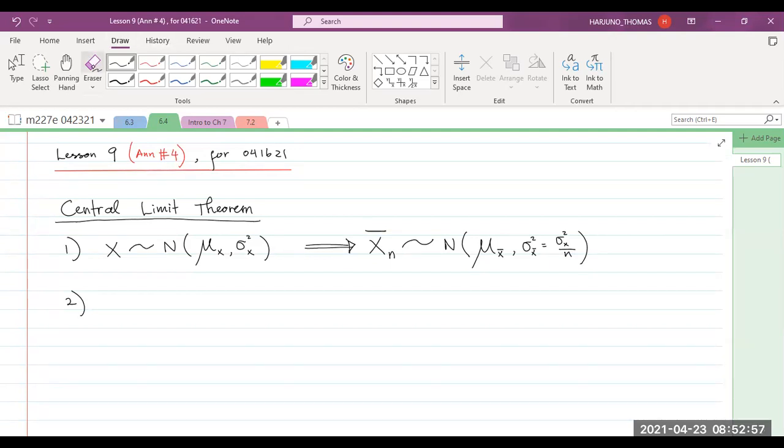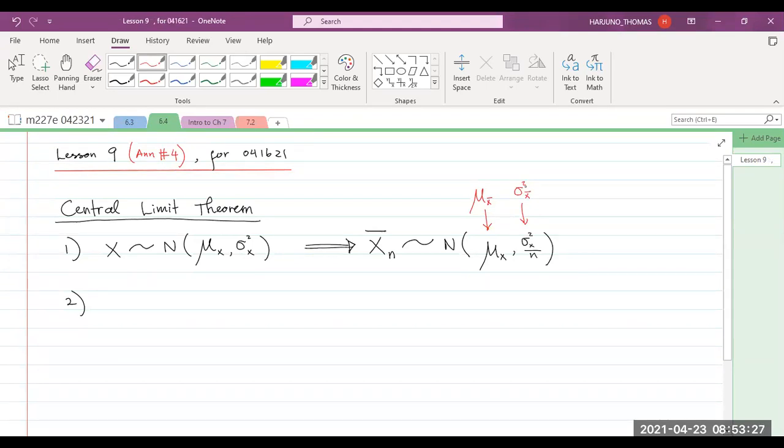Maybe I write it this way, shorter. This is the mean of that sampling distribution, and this is the variance of that sampling distribution.